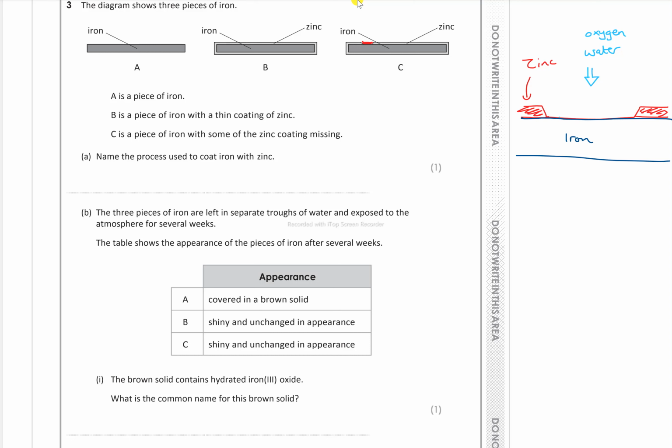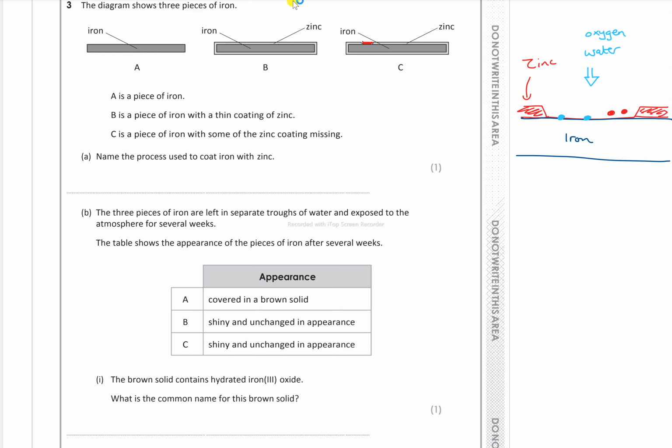So you'll end up with iron reacting and zinc reacting. But because iron is more reactive, let's have a look.